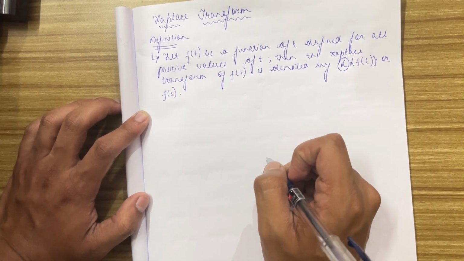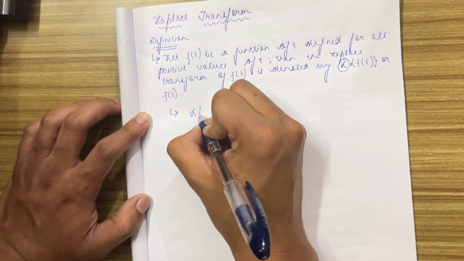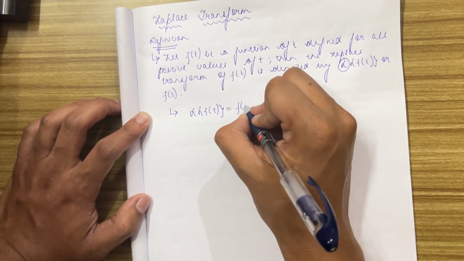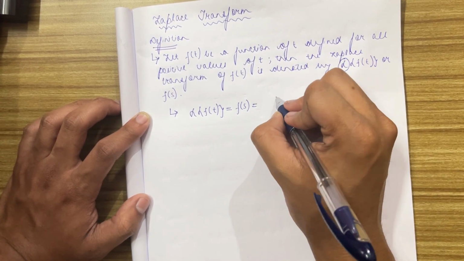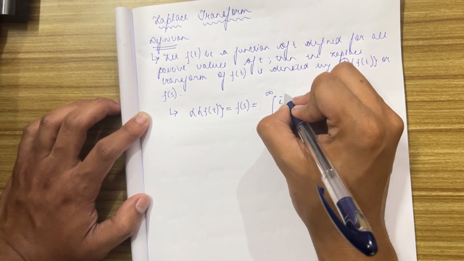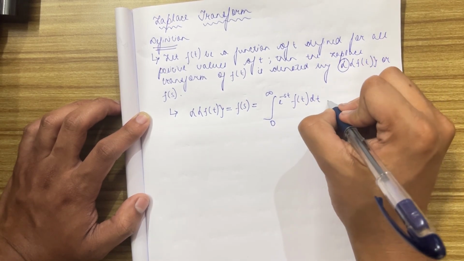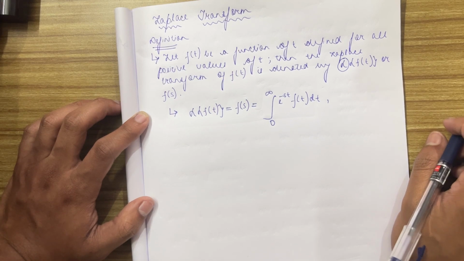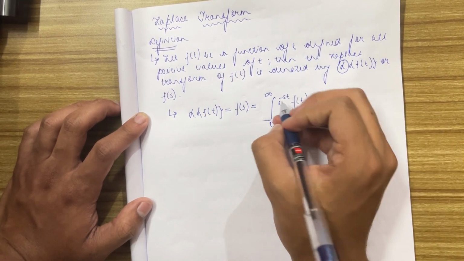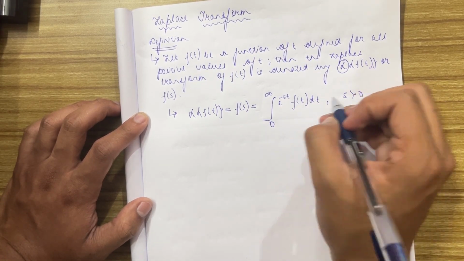Okay, so now the formula. Laplace of f of t, or we can say f of s, is equals to integration 0 to infinity e to the power minus st f of t dt. So not only this formula, but we have to remember one condition, that is s greater than 0. So here the s which is present, that must be greater than 0.